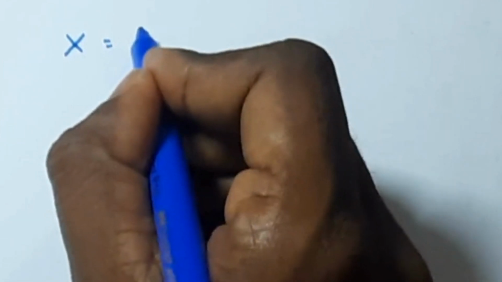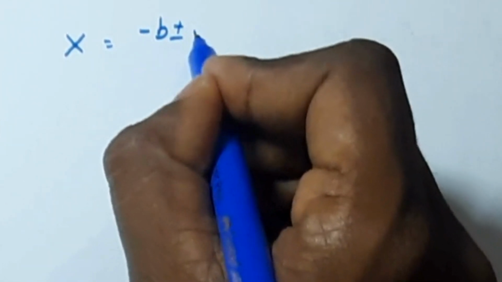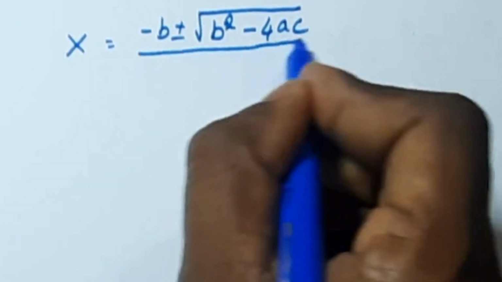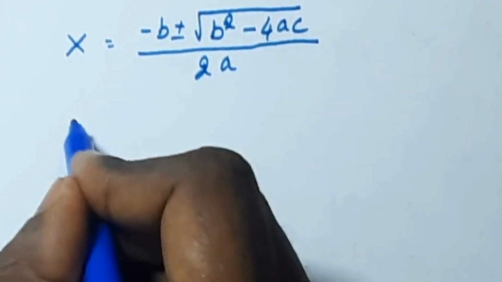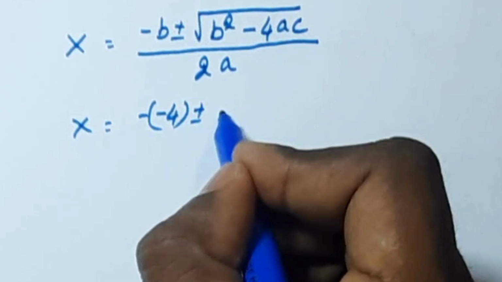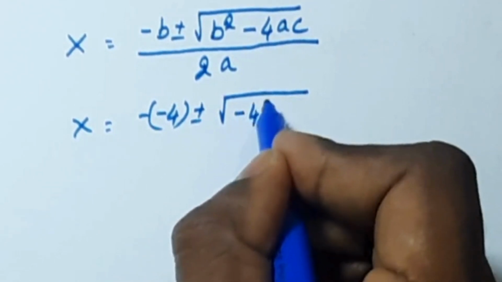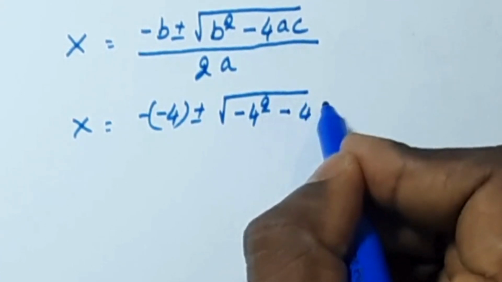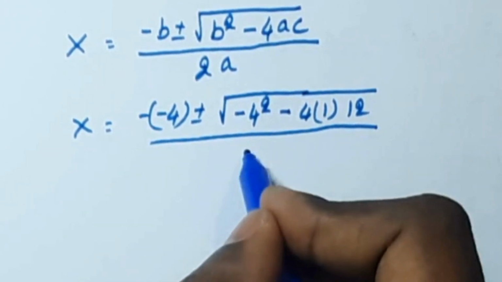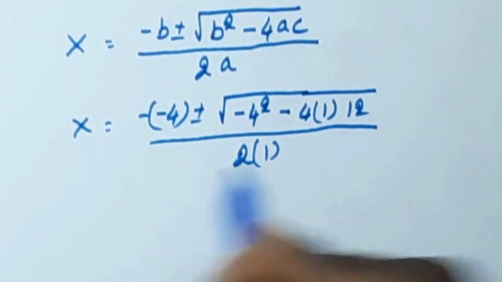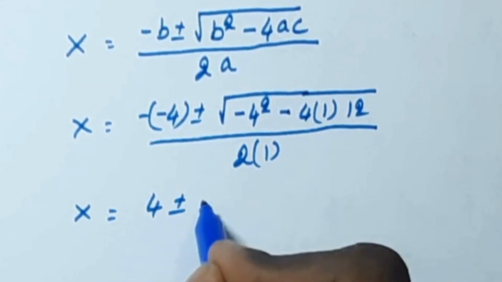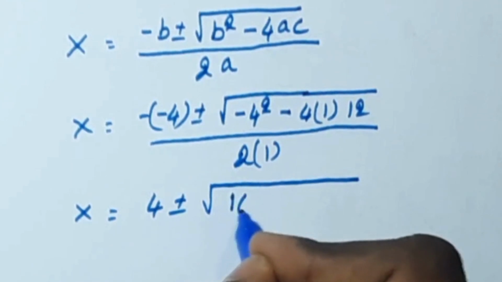x equal to minus b plus or minus square root of b square minus 4ac by 2a. x equal to minus of minus 4 plus or minus square root of minus 4 square minus 4 times 1 times 12 by 2 times 1. x equal to 4 plus or minus square root of minus 4 square is 16.